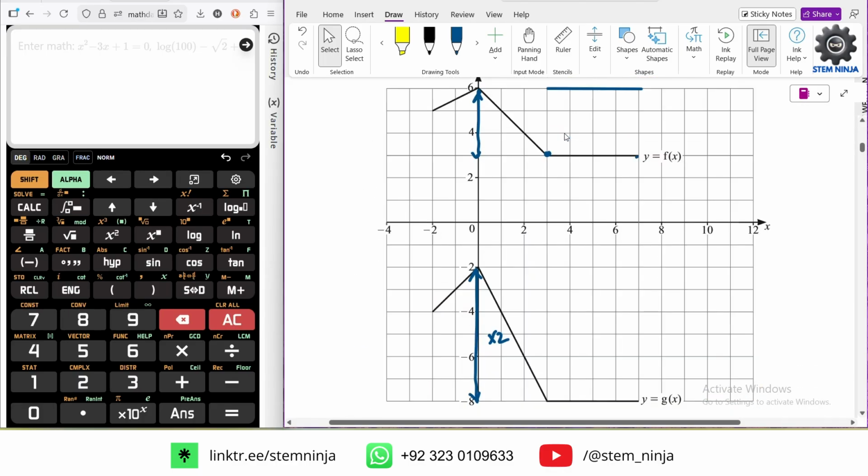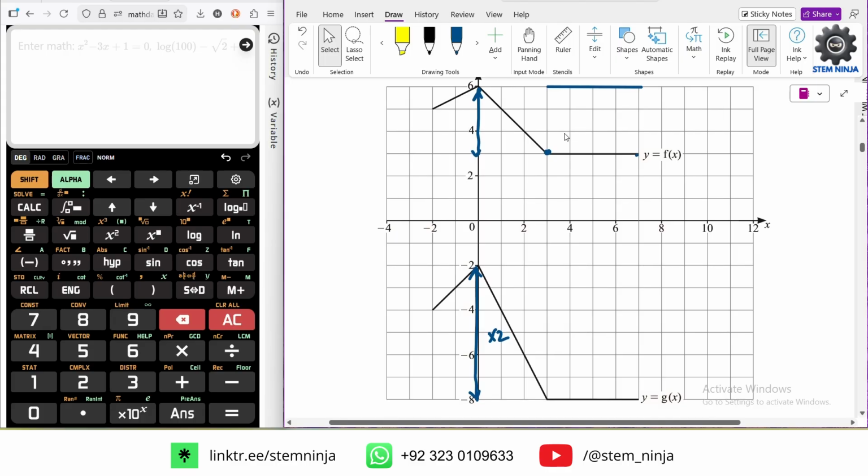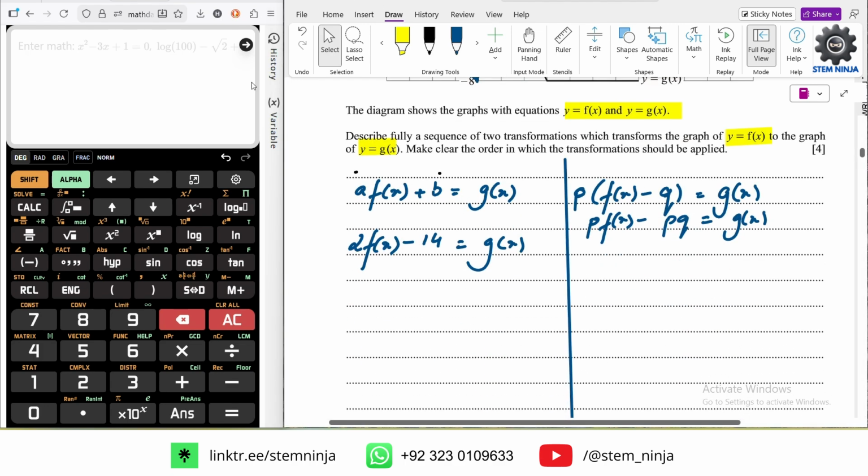okay, so if we do the translation first and then the stretching, that will require a little bit of thinking. So as you can see, this will be a similar form also. So this would mean that this is still 2 times f of x, and this PQ, 2 times q, is 14.